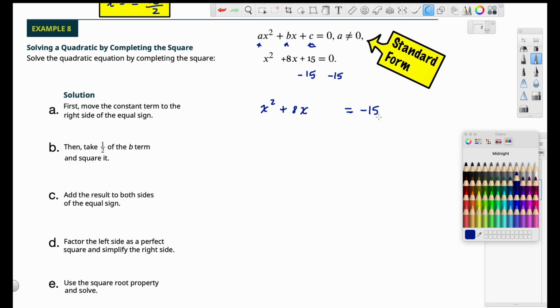Then we're going to take half of the b term and square it. Our b term is 8, so I'm going to take half of 8, so 8 divided by 2, and then I'm going to square it.